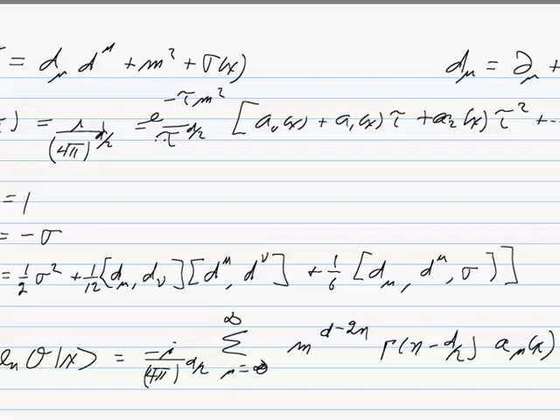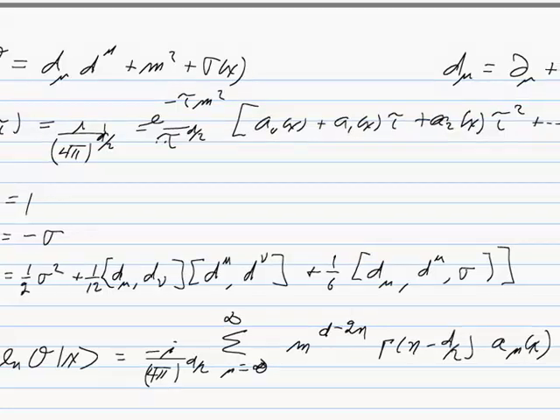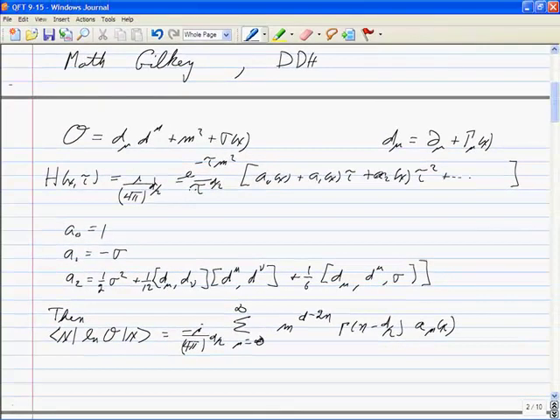These start off typically being divergent. For example, the one piece that is definitely divergent is gamma of minus d over 2. Up to a_2 is divergent. If n is 2 minus d over 2, as d goes to 4, it diverges. Everything else after that is finite.